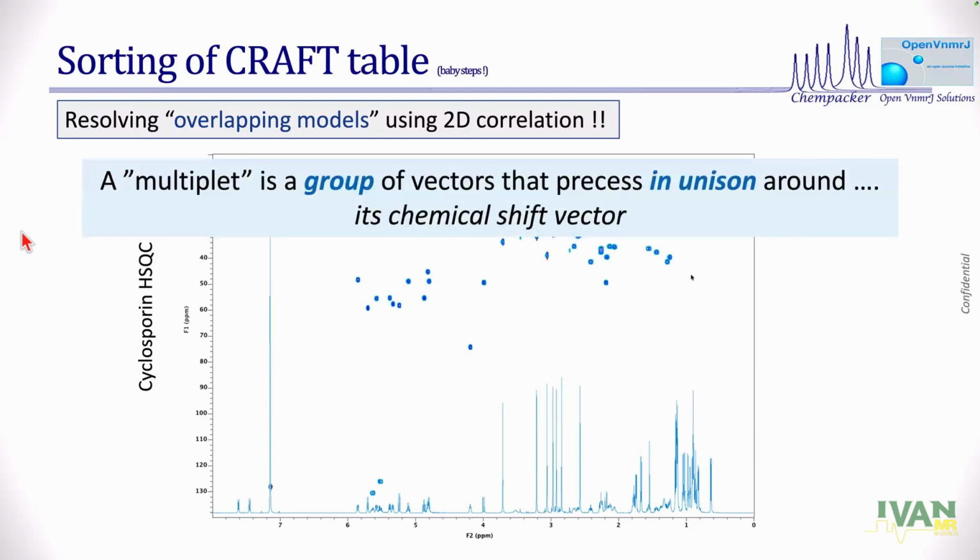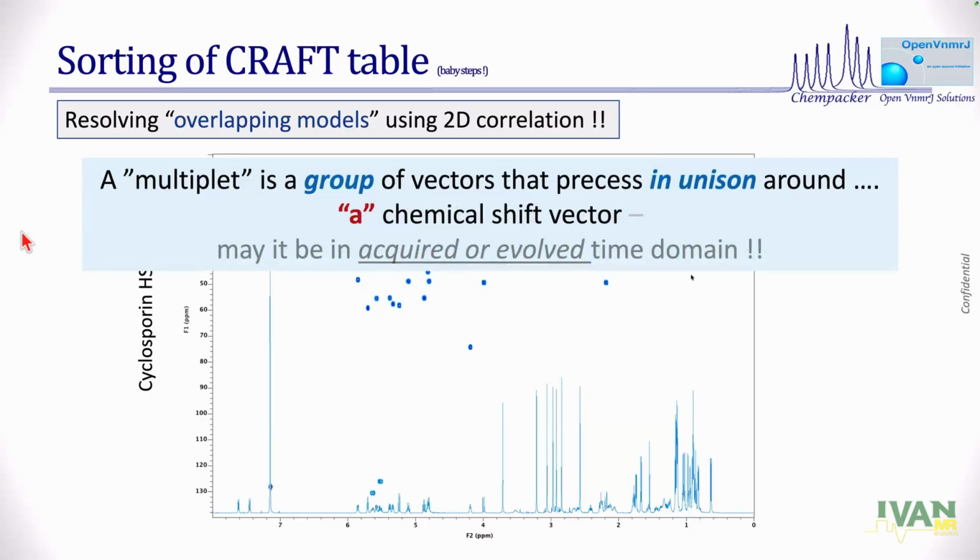So now I'm going to redefine this definition of a multiplet as a group of vectors. A multiplet is a group of vectors that precess in unison around its chemical shift vector. We understood that in one of the earlier slides. I'm just going to modify that a little bit. I'm saying a multiplet is a group of vectors that precess in unison around a chemical shift. It can be in an acquired or evolution, a quote-unquote correlated, time domain.